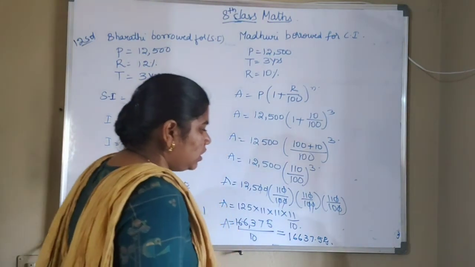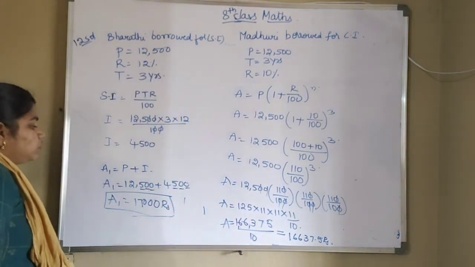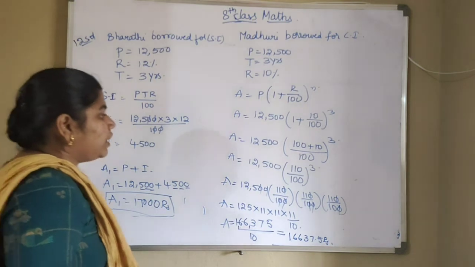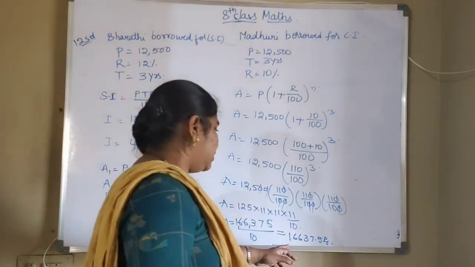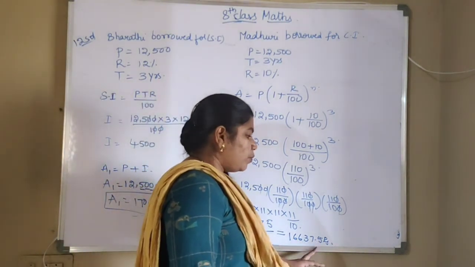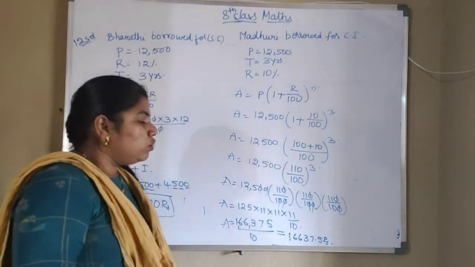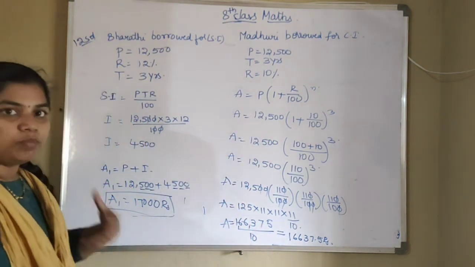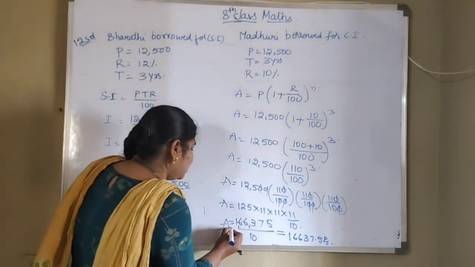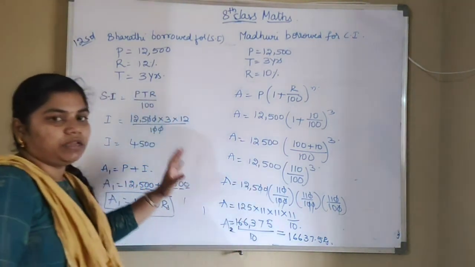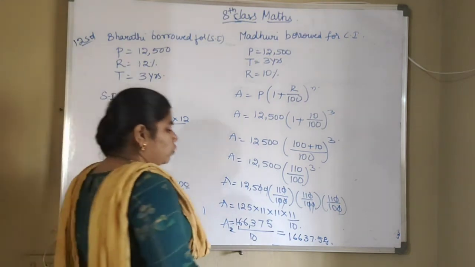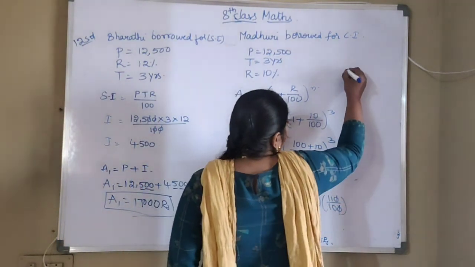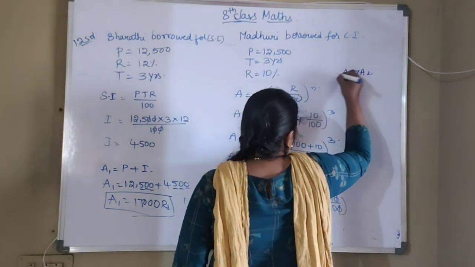So this is for compound interest. Here Bharti has to pay 17,000 and Madhuri has to pay 16,637.5 rupees. So who is paying more here? Bharti is paying more. And by how much we also have to find. I am taking this as A2 for differentiating the amount values. Here A1 is greater than A2.